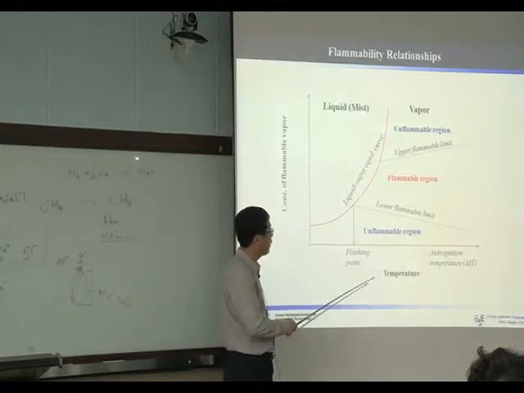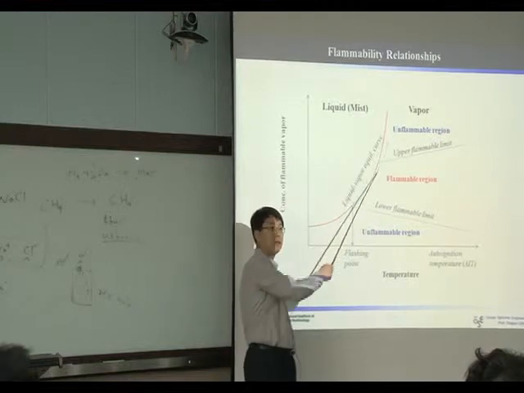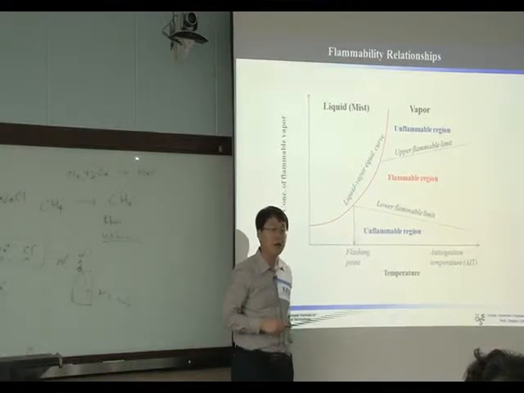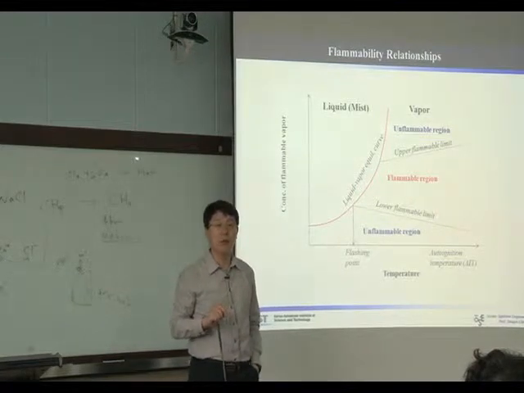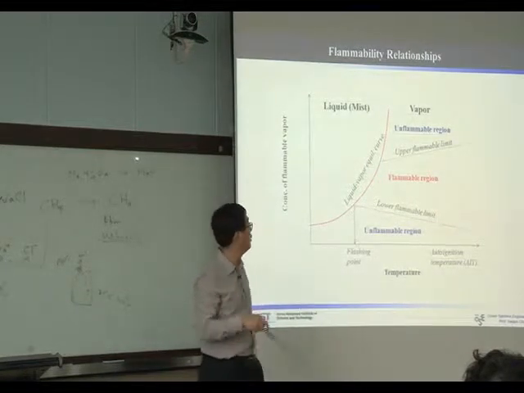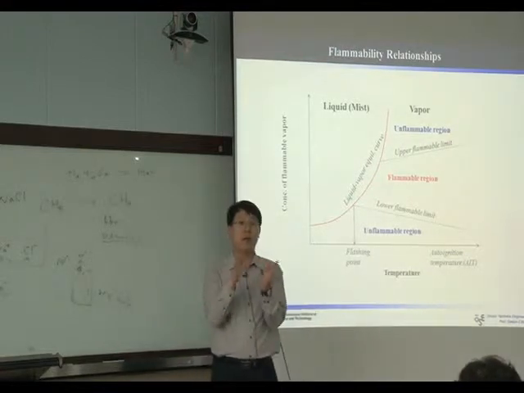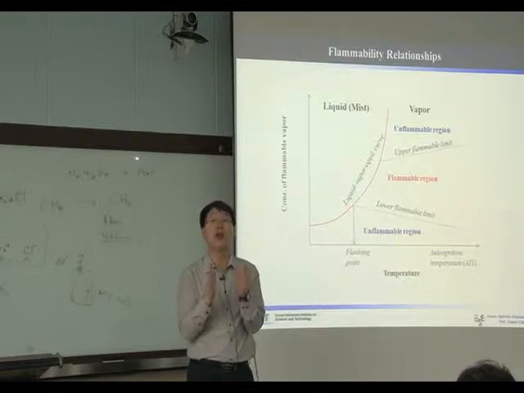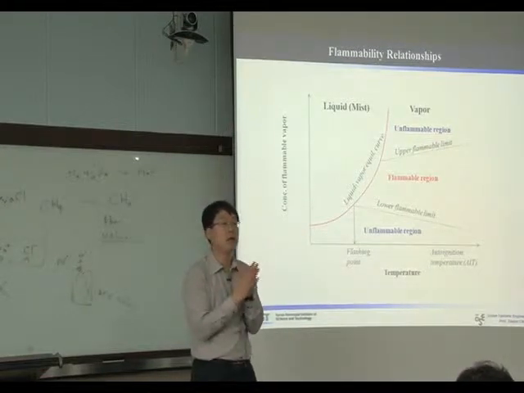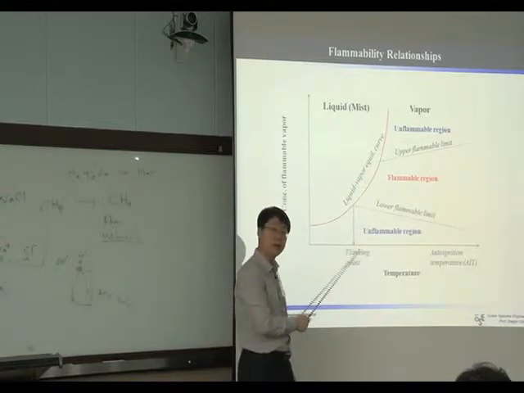So we have this curve. What is this curve? This is the saturated vapor pressure curve or liquid vapor equilibrium curve. Vapor pressure is just the result of vapor equilibrium. Okay? And this is the flash point.